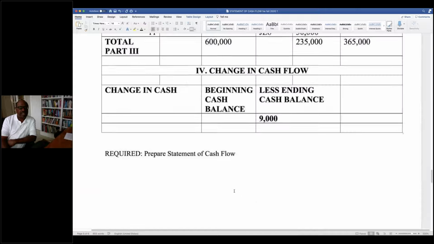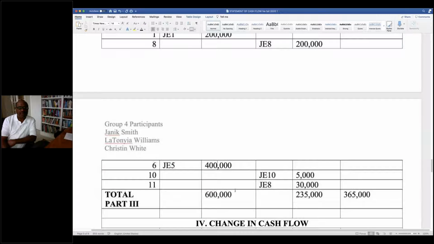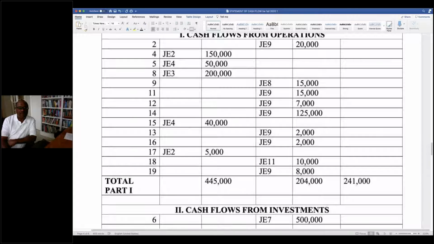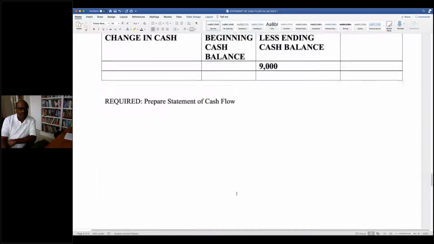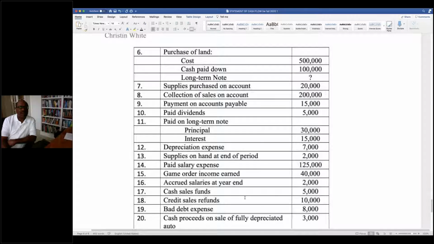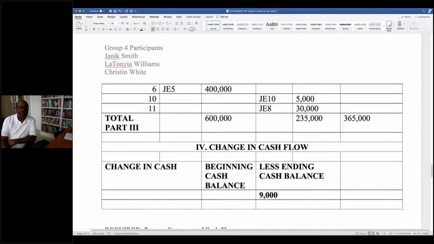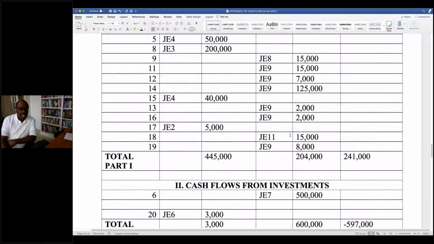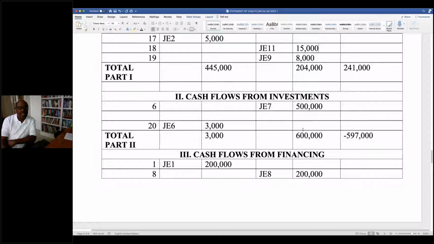So let's look at number 11. For journal entry 11, said you paid interest of 15. So it seems like this should be 15,000. So you paid on the long-term note.